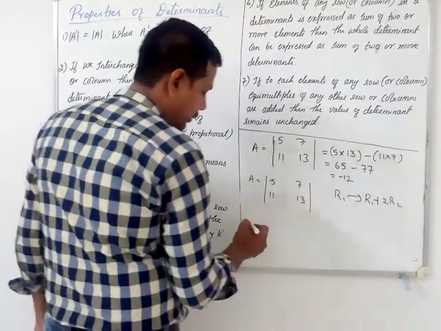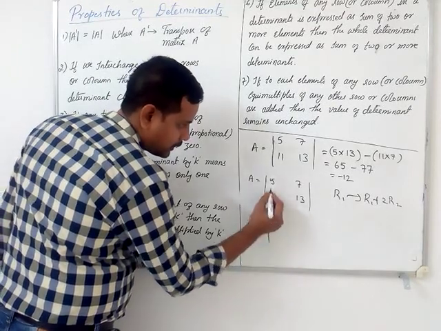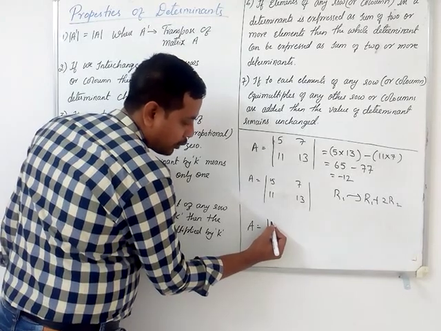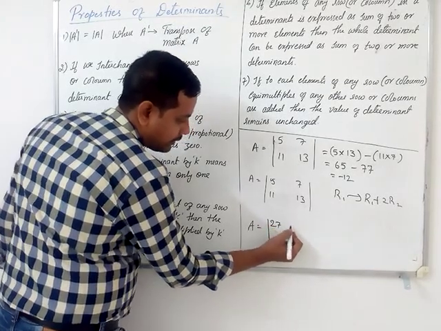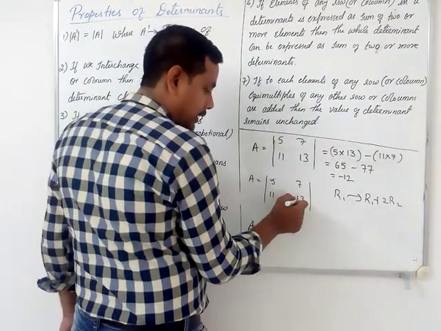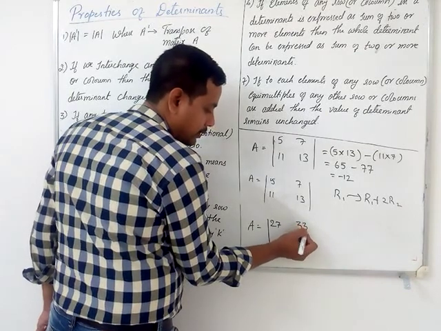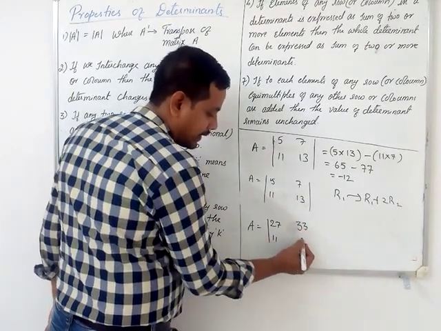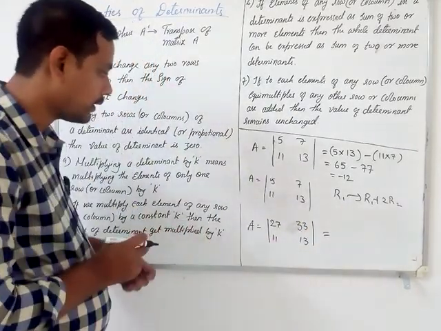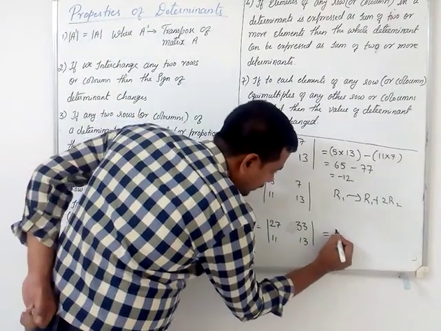Then what will be my A value? 5 plus 22 is 27, then 13 into 2 is 26, and 26 plus 7 is 33, and the second row is 11 and 13.